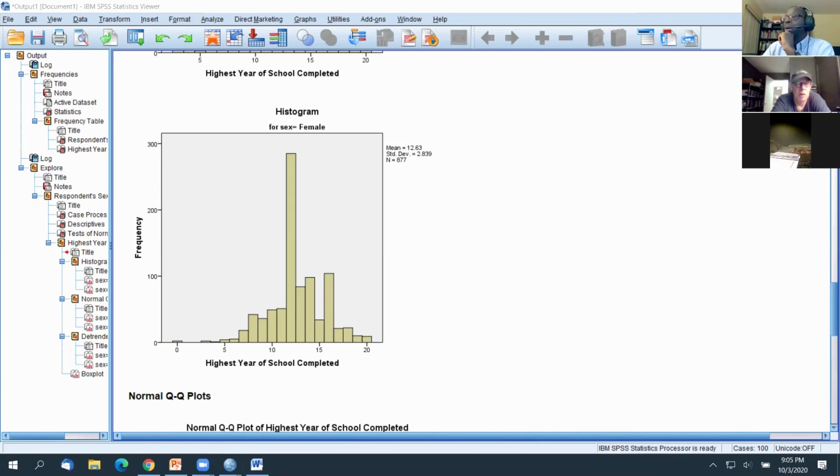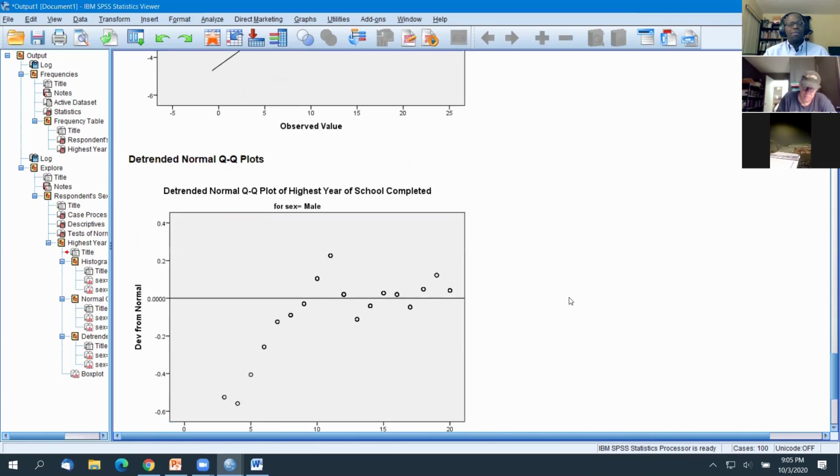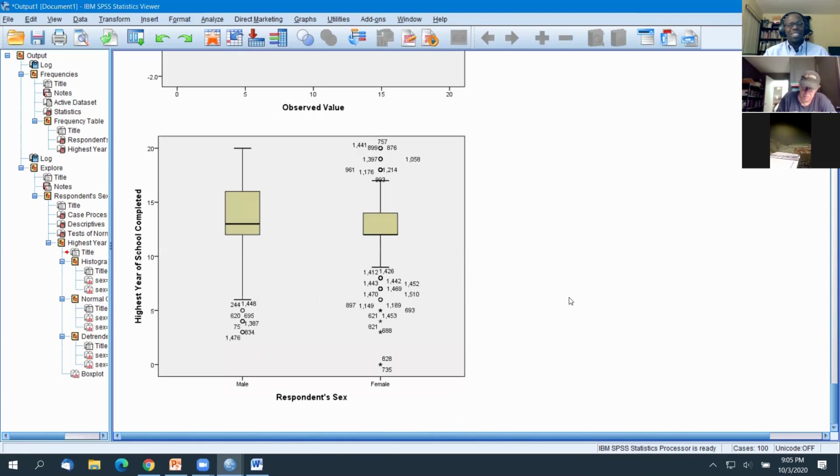So now another thing I want to talk to you about is what we call homogeneity of variance. It's the spread of the data. So this was the distribution of scores, and now we're looking at homogeneity of variance, which is essentially the spread of the data.